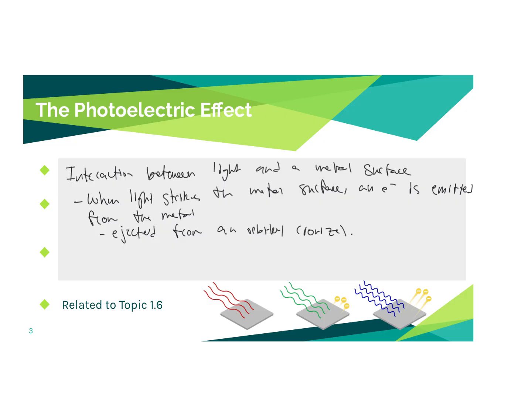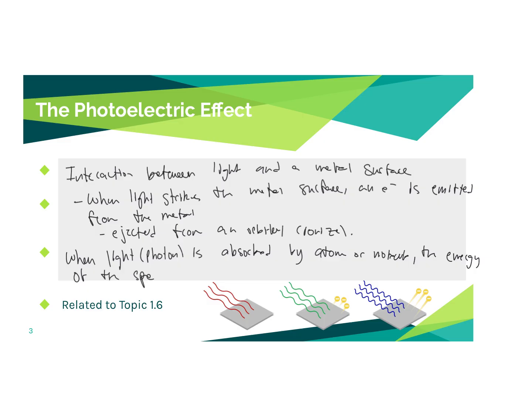And a consequence of this is when light, or a photon, a particle of light, is absorbed by an atom or molecule, the energy of the species, that being the atom or molecule, is increased by the amount equal to the energy of the photon.